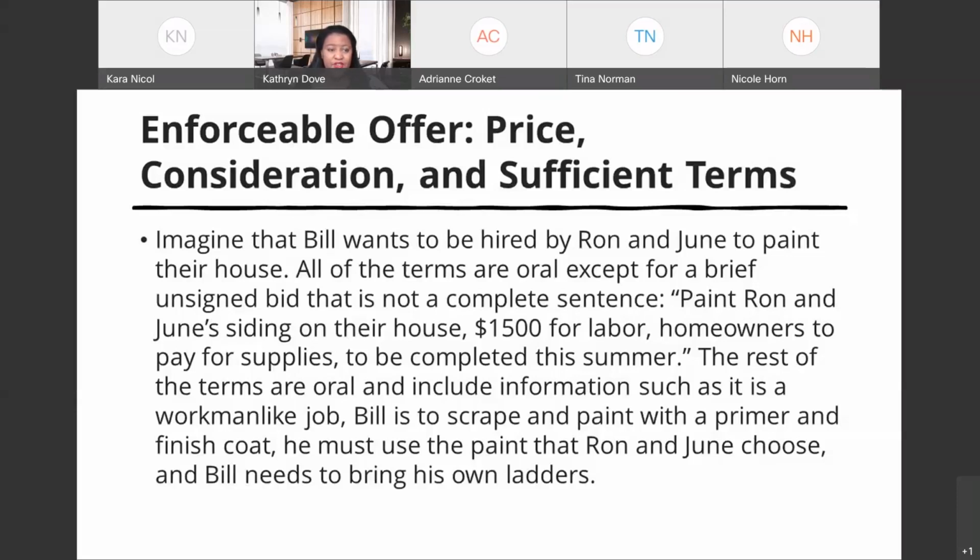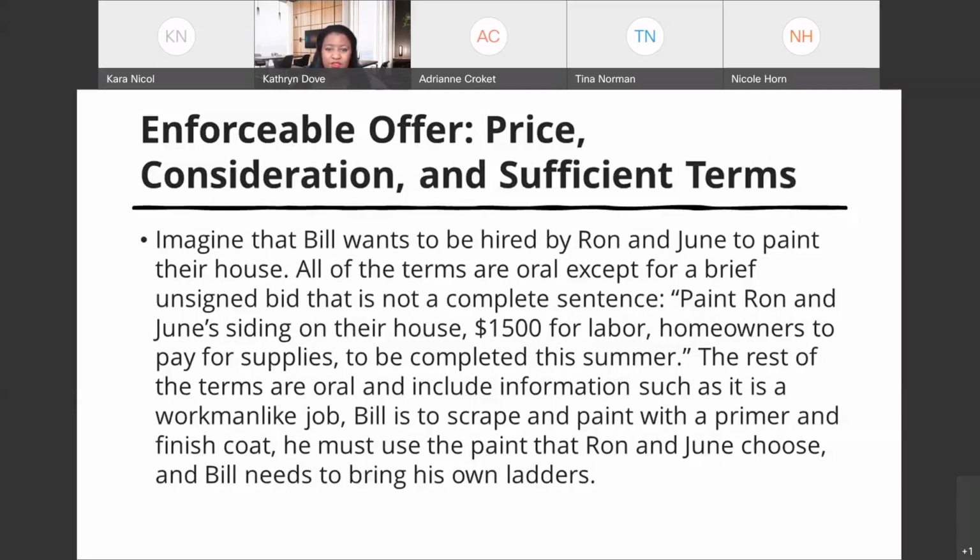That is an exchange of promises. There's an offer. If they accept his terms, the consideration is the money, something of legal value, and getting the house painted. So offer, acceptance, consideration is met. That's a legally enforceable promise, even though all of the terms are not written.